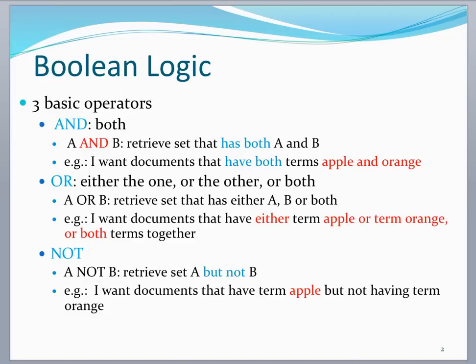The third one is NOT, and the syntax is A NOT B. We will retrieve set A but not B. For example, I want documents that have the term apple but not the term orange. So we will only retrieve documents with the term apple, but we won't retrieve documents that have the term orange in them.